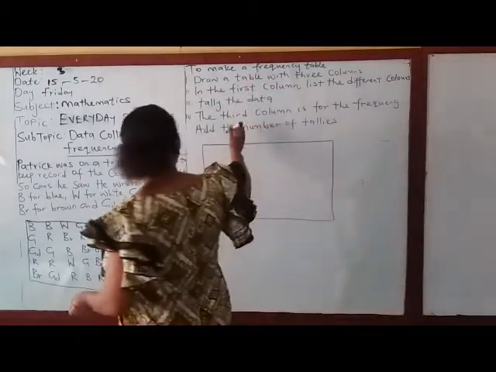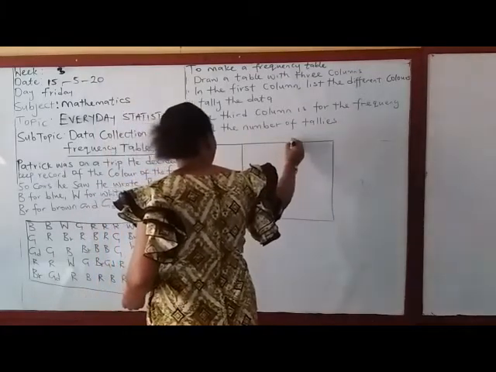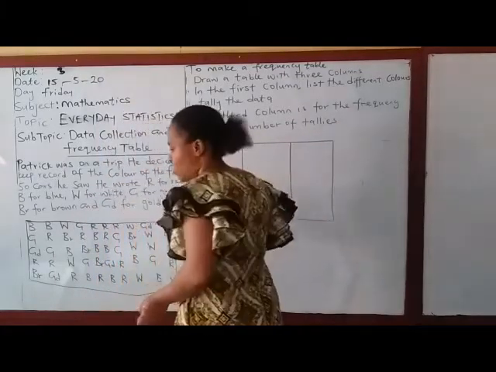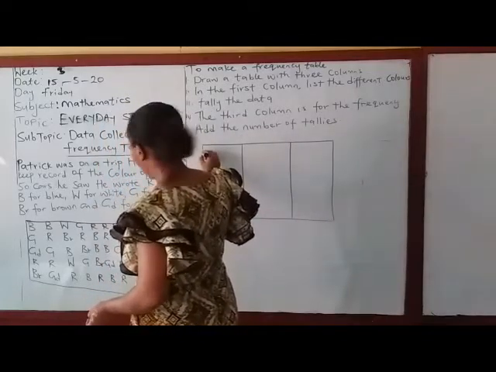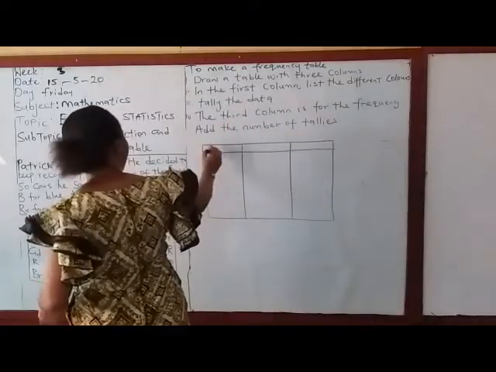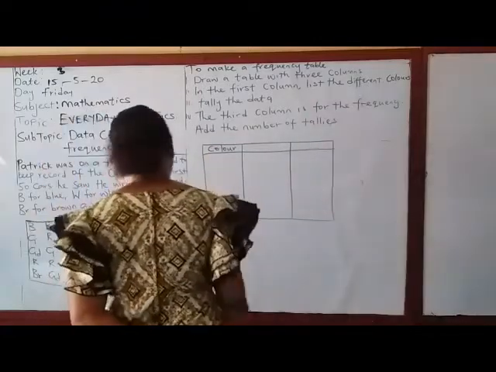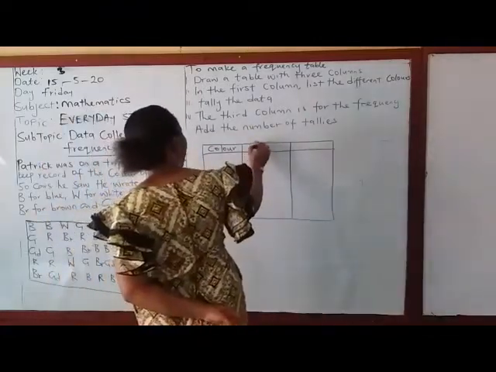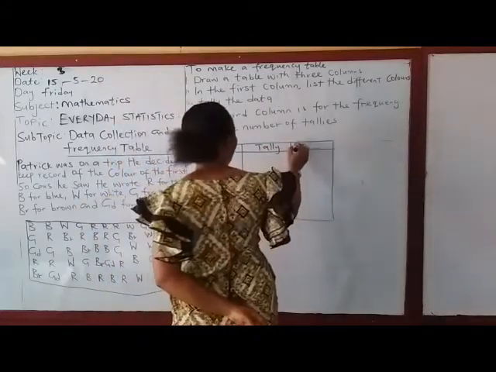And to make a frequency table, we draw a table with 3 columns. So these are the 3 columns. 1, 2, 3. In the first column, list the different colors. So this column will be for the color, the second column will be for the tally, and the third column will be for the frequency.